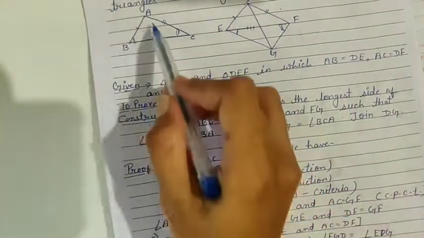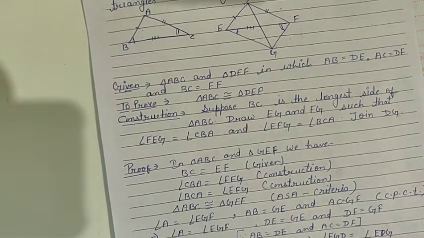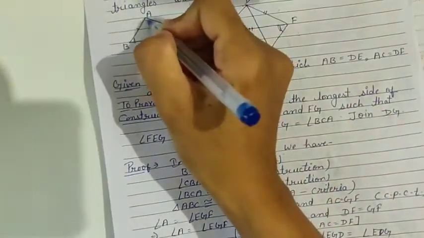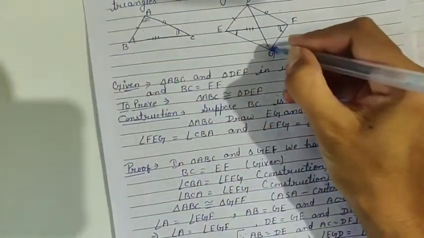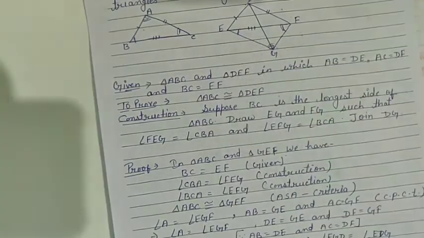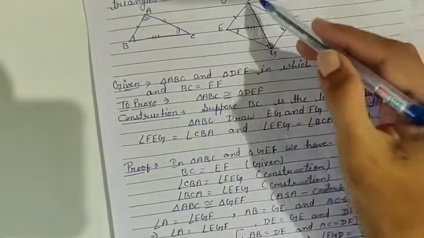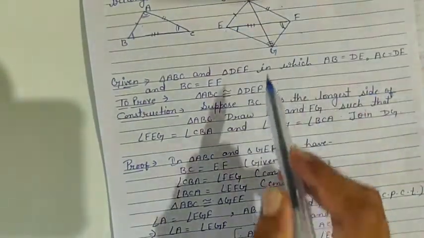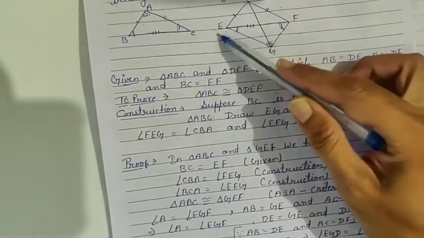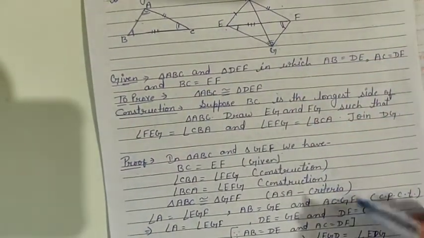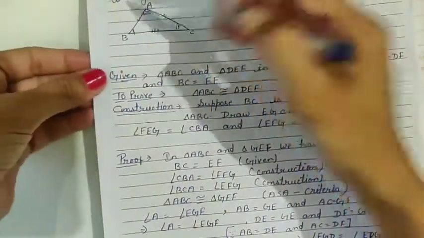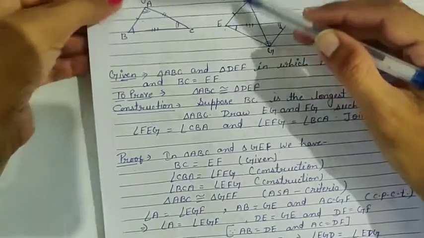Now if these two triangles are congruent, then we know that corresponding parts of congruent triangles are equal. Then angle A equals angle G, and DE equals GE, and DF equals GF because AB equals DE.